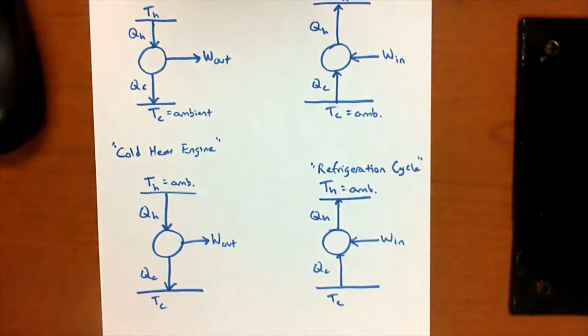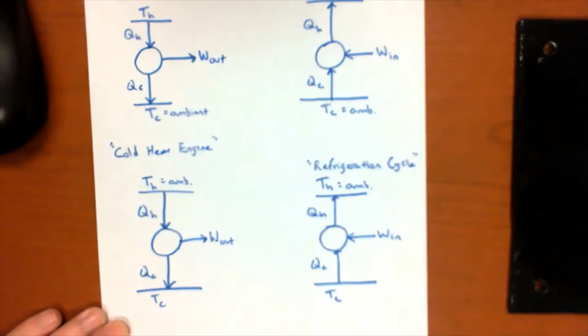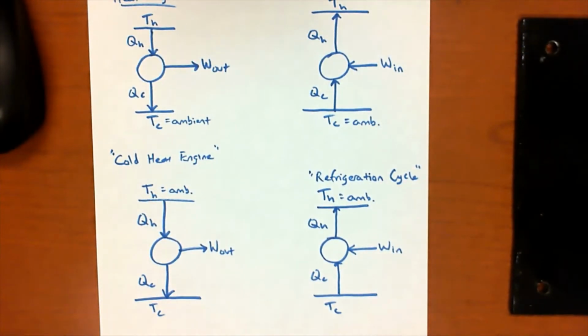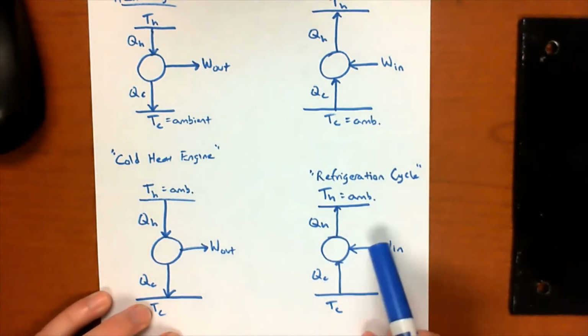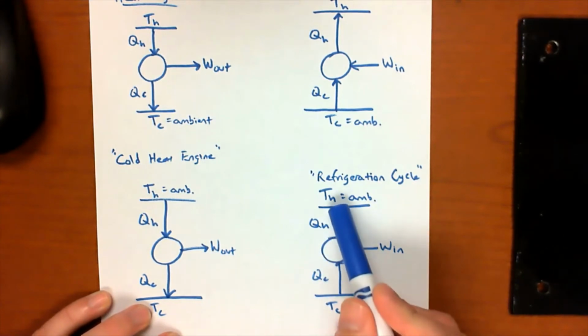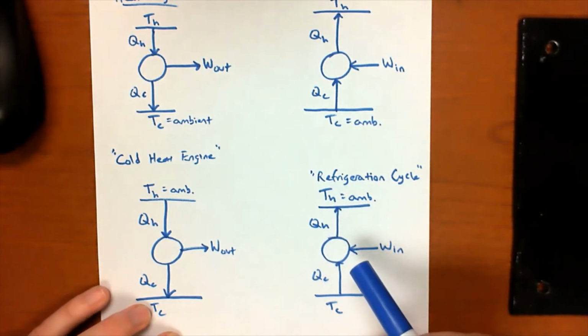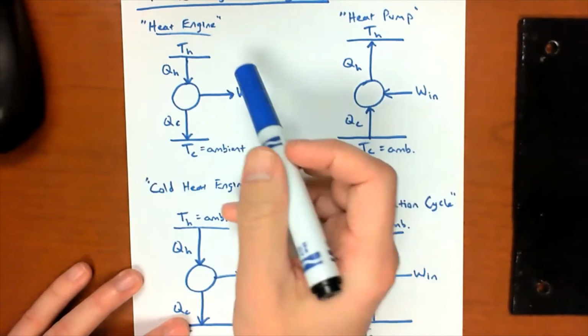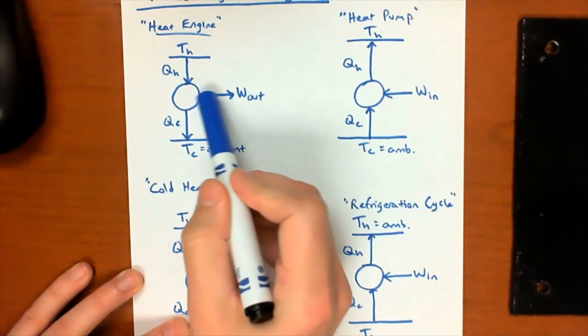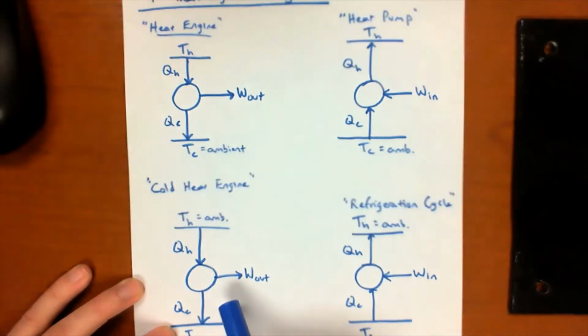Once again, if we look at any one of these processes, we could use the first law of thermodynamics, and we could write a balance, because whatever comes into the system or the process must come out of the system, and these have to balance. So in this case, we could say that whatever comes in, Q hot, equals what's coming out, QC plus work out. In this one, it's the same thing.